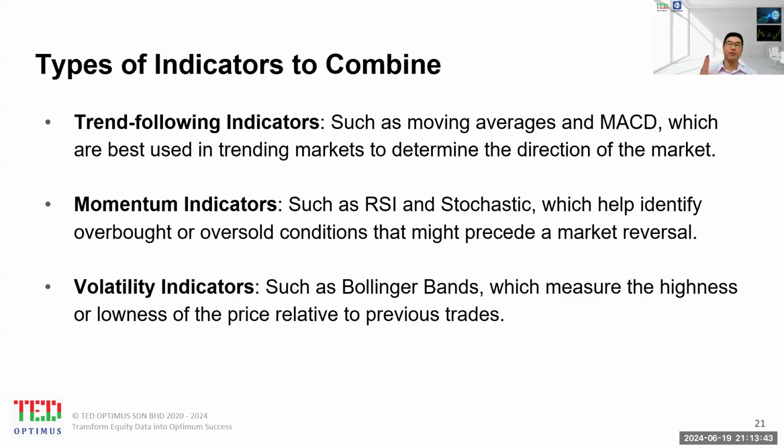We want to catch the rise and the drop. RSI and stochastic RSI will help to identify overbought or oversold conditions. And of course, volatility indicators like Bollinger Band, where you can see how the band moves.